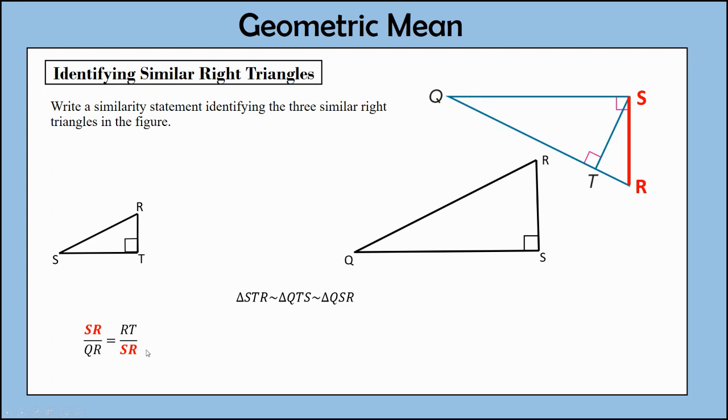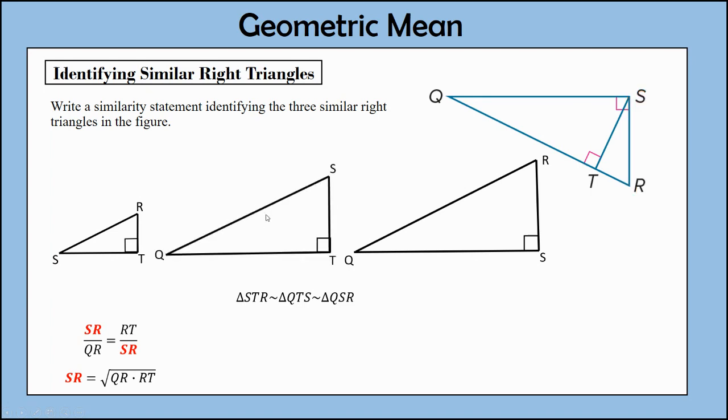If I do cross products and solve, SR is the geometric mean, or the square root of QR times TR. So that's where our geometric means concepts come from. They actually come from these similar triangles in here.